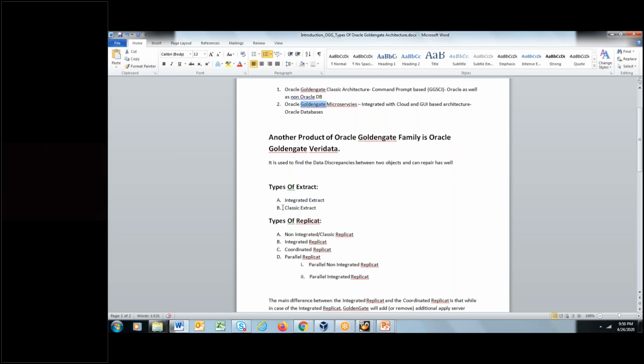So the purpose of saying this is that we are talking about types of architecture, whereas what we are talking about here is types of extract and types of replicate. Integrated extract still exists, classic extract still exists, integrated replicate still exists, non-integrated replicate still exists, but those are types of extracts and replicates, and they reside inside classic architecture as well as microservices architecture.